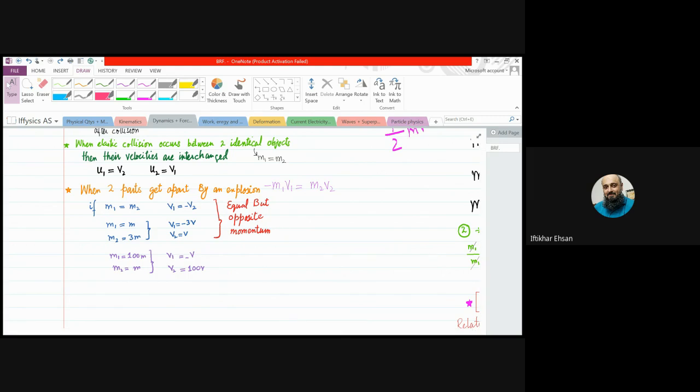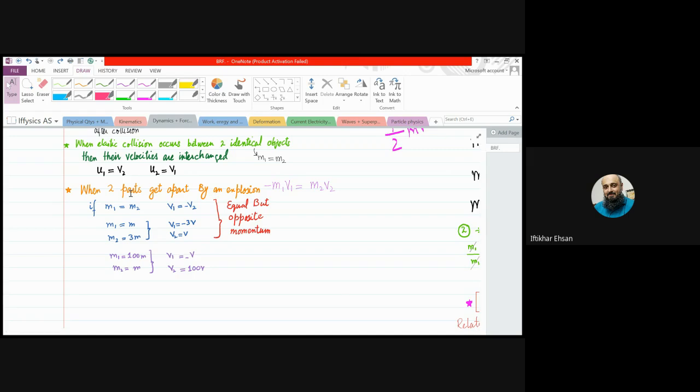Okay. Now the next one, beta. Whenever an explosion occurs and an object breaks into two parts, the object was at rest initially. That is an important point as well.